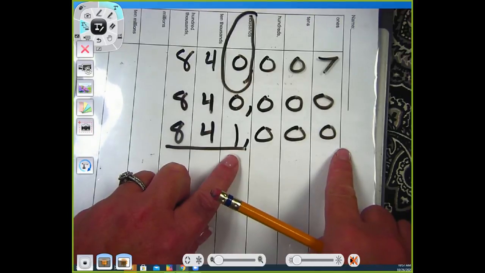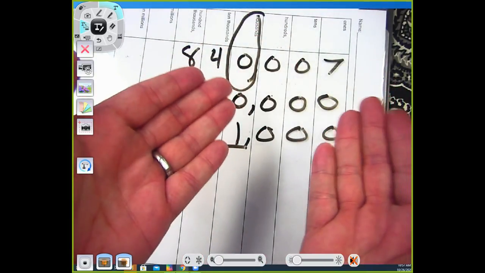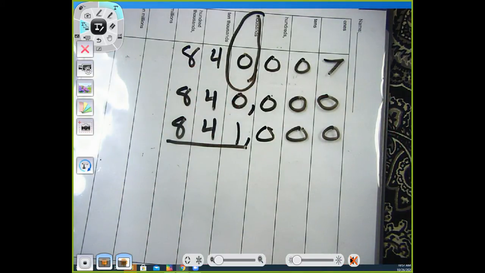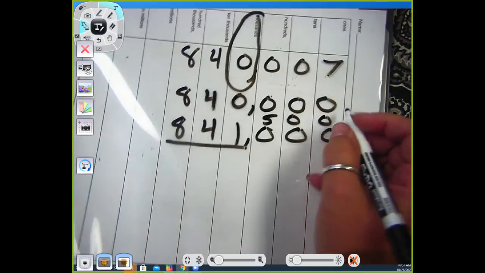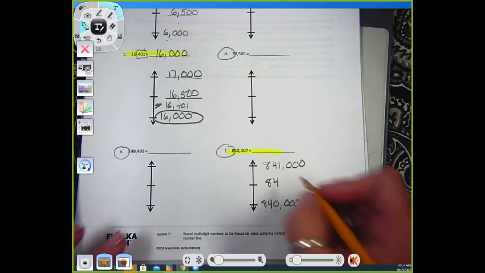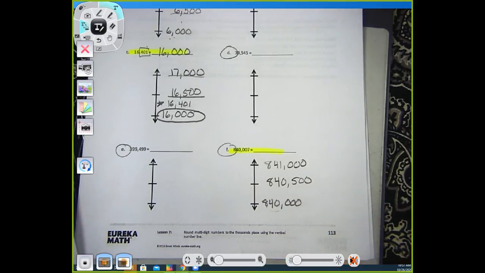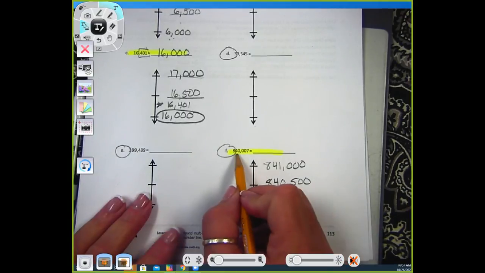What's half of 1,000? If I take 1,000 and I split it in half, I see some 500. Yep, 500 is halfway in between. So I have 840,500 is my midpoint.